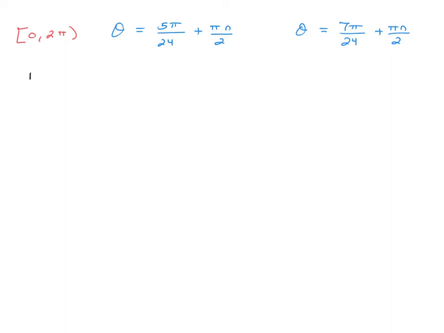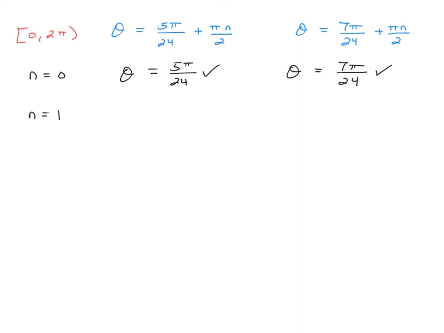So I'm going to start with n equal to 0. I'm going to put them into these values for theta and just write down the theta that's left over. And this first one, theta, is obviously 5 pi over 24. And definitely that's good. It's positive, certainly less than 2 pi. Over here, if I put in 0 for n, I just get 7 pi over 24, and that is also acceptable.